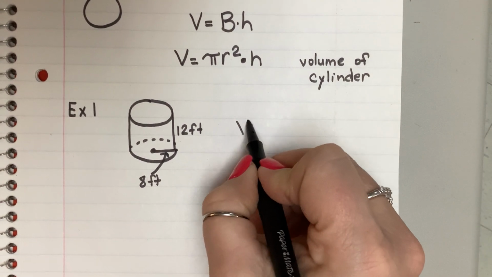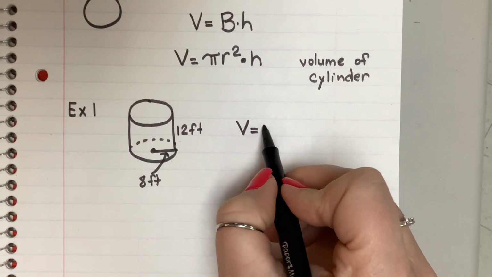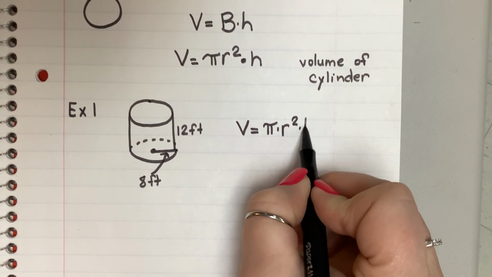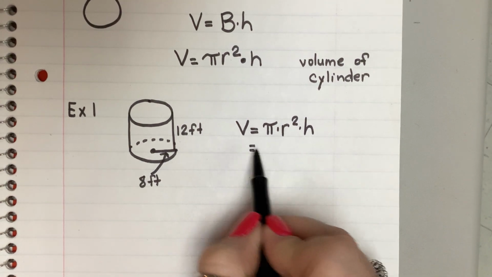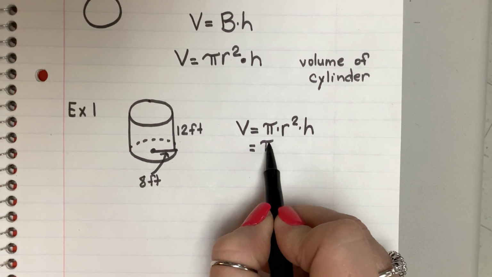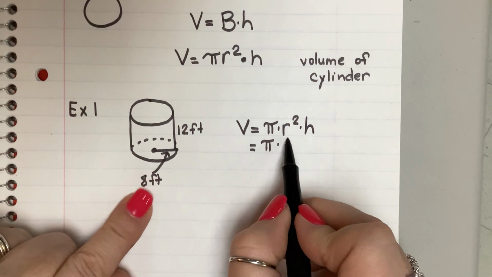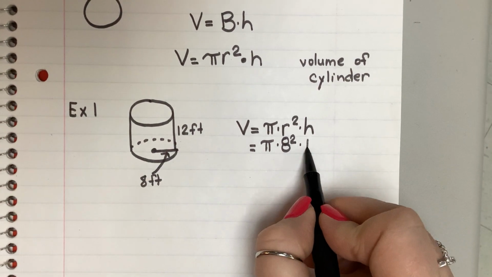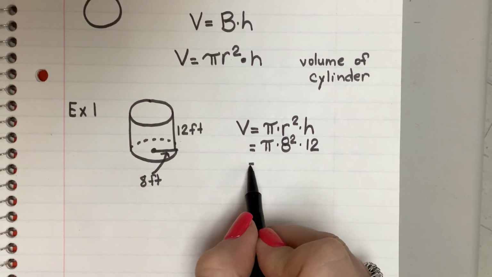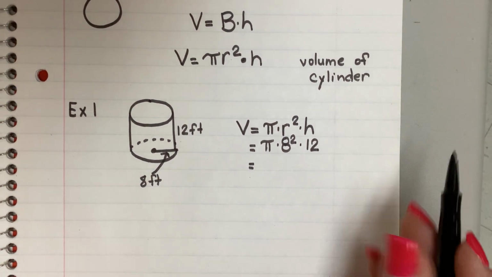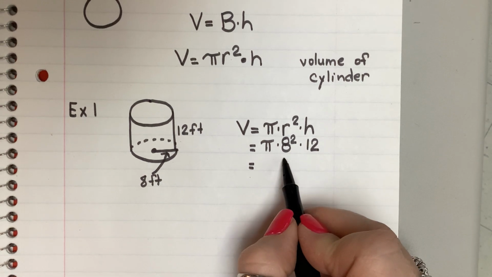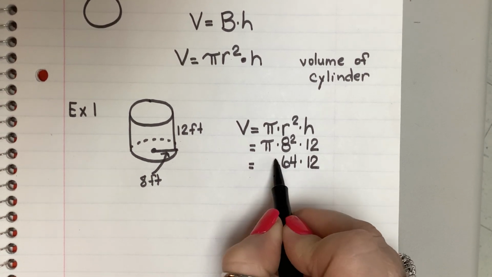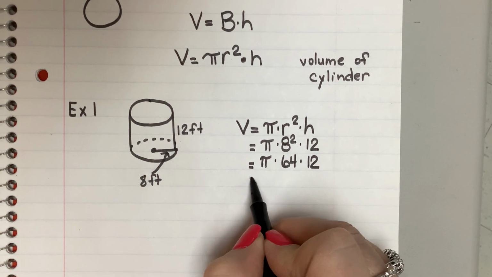Just like we did with the circle, with leaving it in exact terms of pi, we're going to do the same thing with the cylinder. So you're going to do V equals pi times radius squared times height. So I'm going to do pi times 8 squared times my height, which is 12. Now we do order of operations. 8 squared is 64 times 12 times pi.